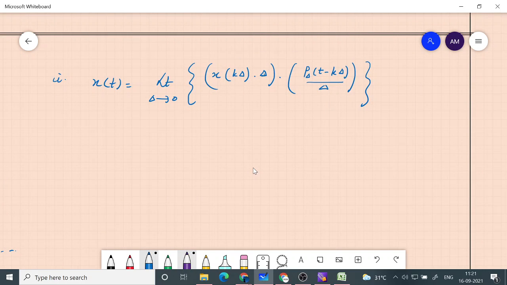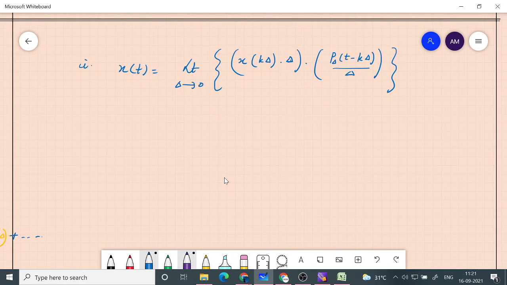Okay, so let me come back to it again. Delta is going to 0, so I can say that it is d tau, infinitesimal. So I will call it just like a differential element, d tau.